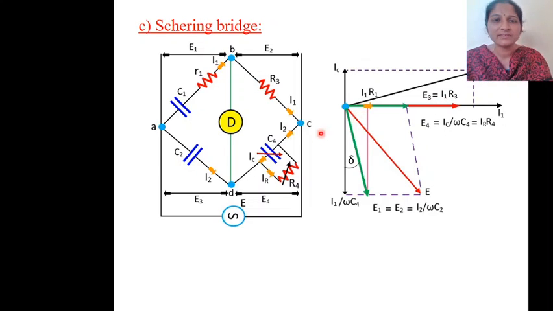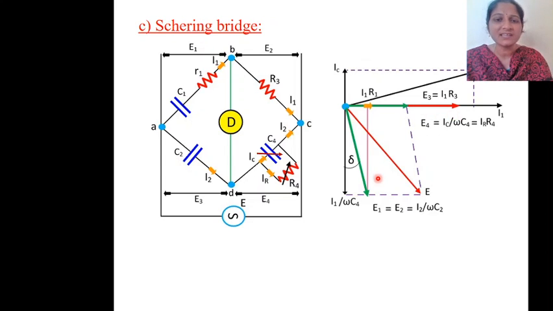Now next, what is E4? E4 is R4 parallel 1 by j omega C4. So E4 is equal to I2 by omega C4, that is equal to I R4, so this will be in this direction.